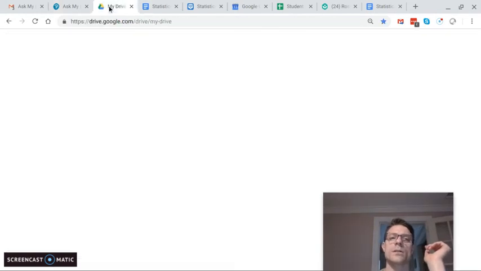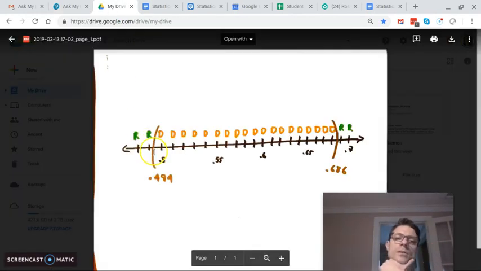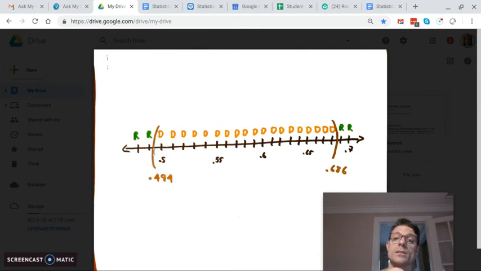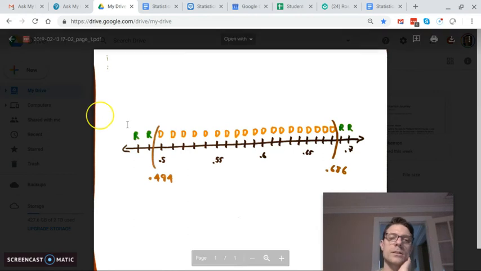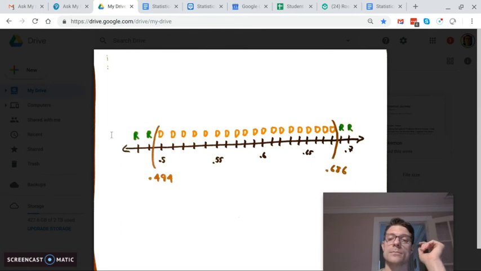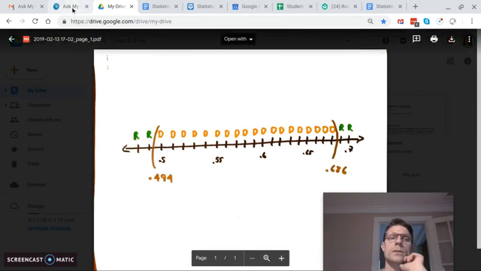Because of the connection, a 1% significance would be the same as a 99% confidence interval. If we're not rejecting more things, then the confidence interval is going to be bigger. If the ends were to expand longer and these R's were to become D's, our confidence interval becomes bigger.